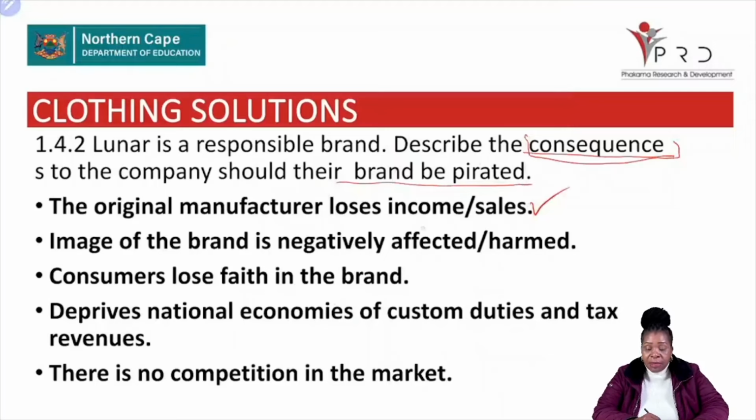And sometimes we as consumers find it very difficult to differentiate between the original and the counterfeit, or the false one that has been made. So at the end of the day, we just buy without knowing. So the original manufacturer will lose their income and also sales. Their sales will go down.